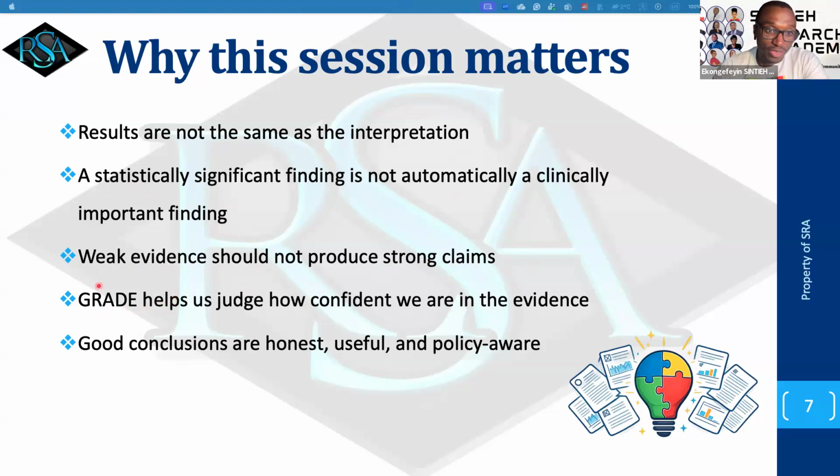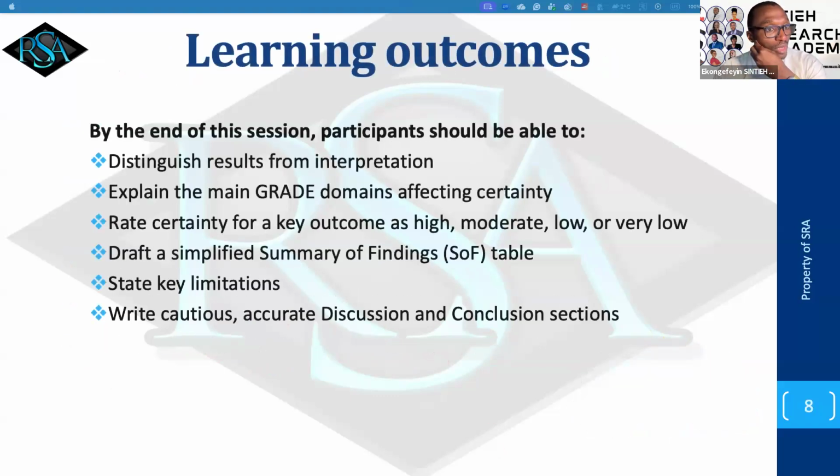GRADE is a framework to assess how confident you should be talking about your evidence, and that's what we are going to talk about. And finally, your conclusion should always make sure that it is very honest, it is very useful, and it can contribute to policy. That's why we are doing this session. Now, at the end of this session, you should be able to distinguish your results from your interpretation.